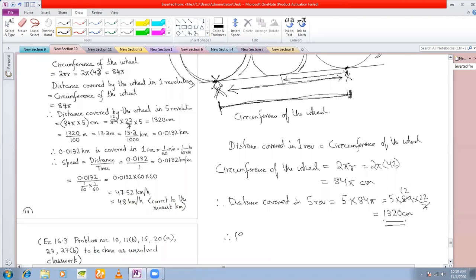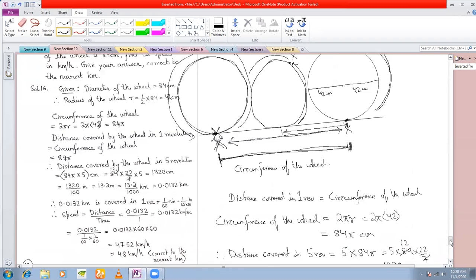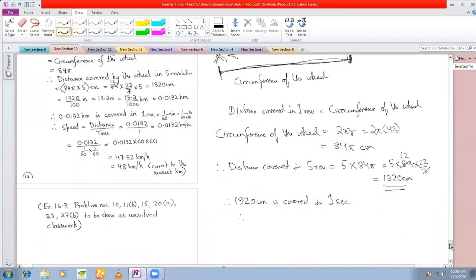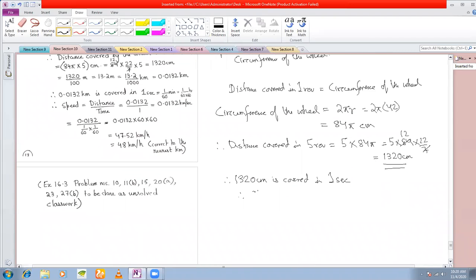So 1320 centimeters is covered in 1 second. So what is the speed of the wheel? We have to find the speed in kilometer per hour. So the speed here is 1320 centimeter per second, right?